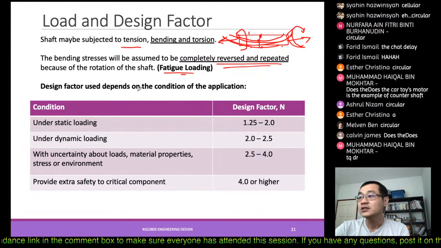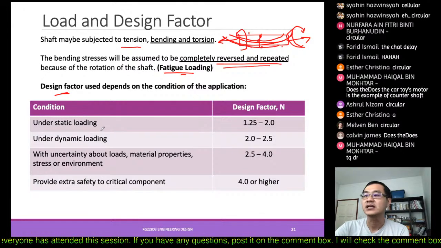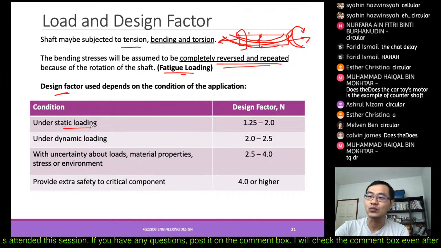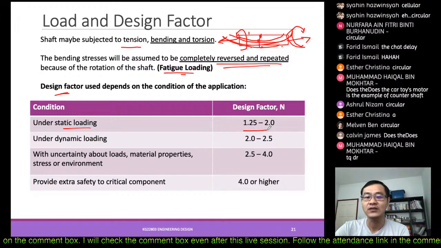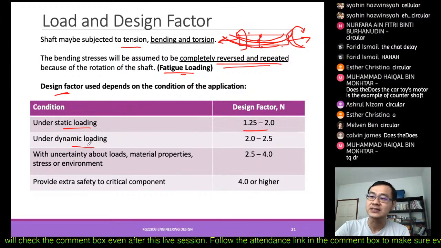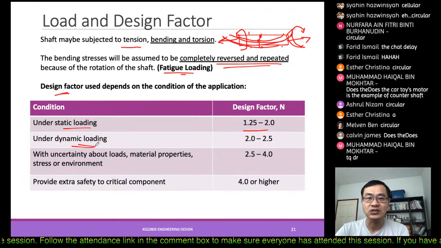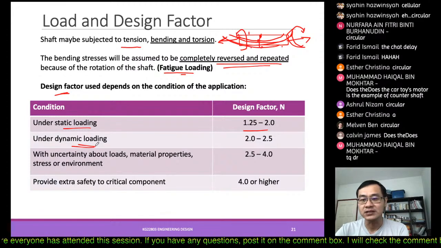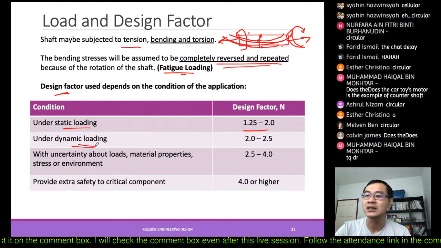In design applications, we may put in different design factors. If it is not moving, just static loading, we may put just 1.25 to 2. In some cases we may have dynamic loading, meaning the load itself is not fixed. It may change from 1000 Newton to 2000 Newton to 3000 and then come back. We may treat that as dynamic loading.